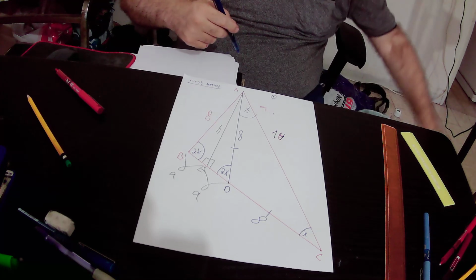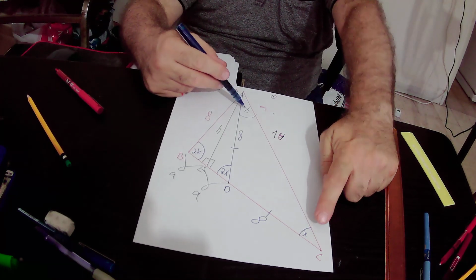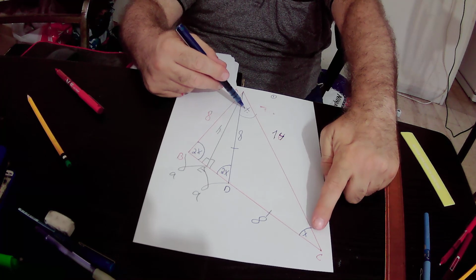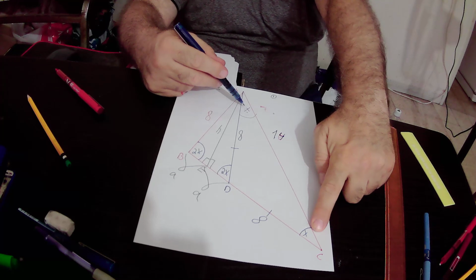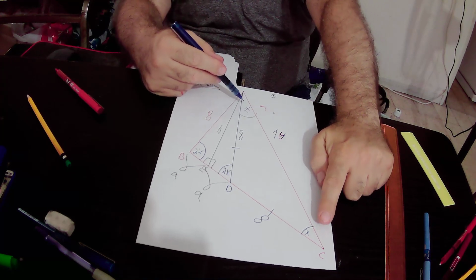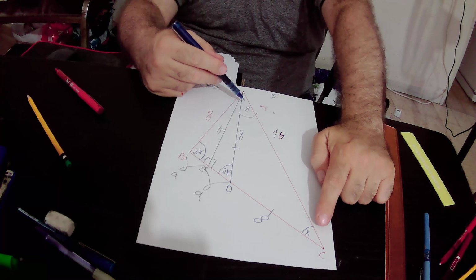Okay, so in triangle ADC we have two angles that are equal to each other. And according to rule number 1, in front of equal angles we have equal sides.